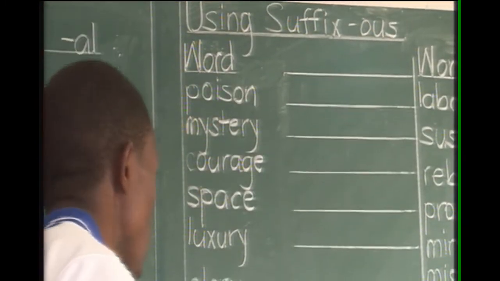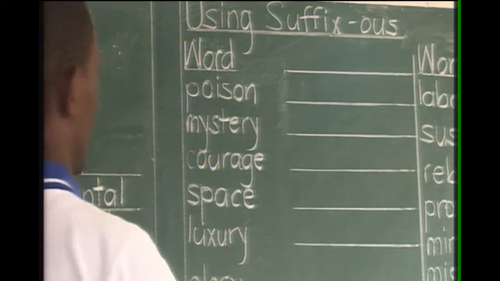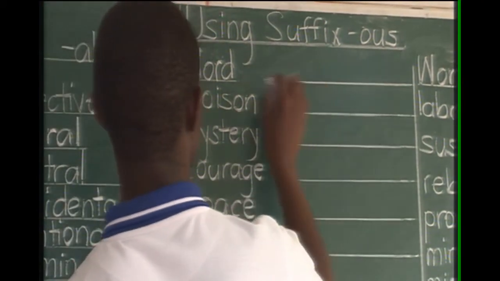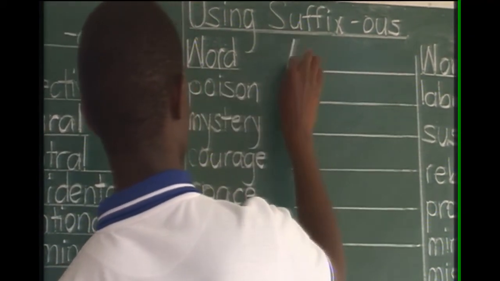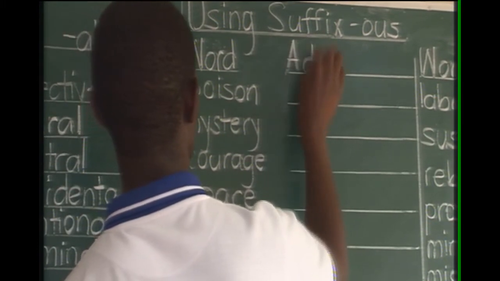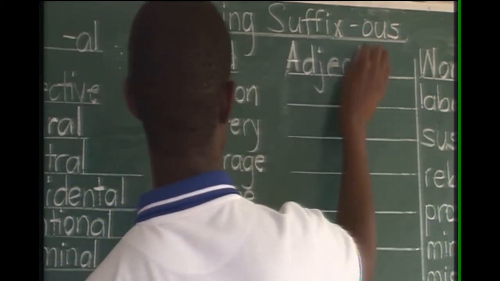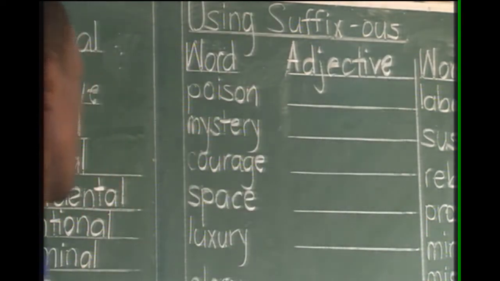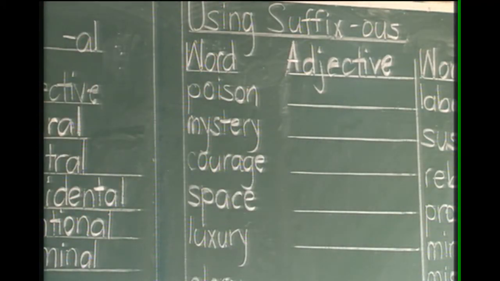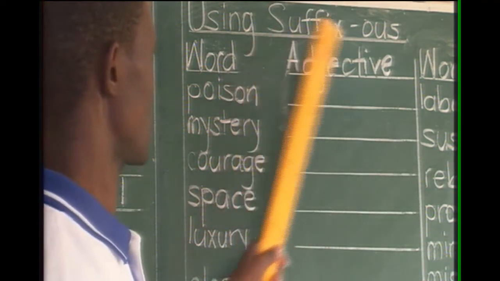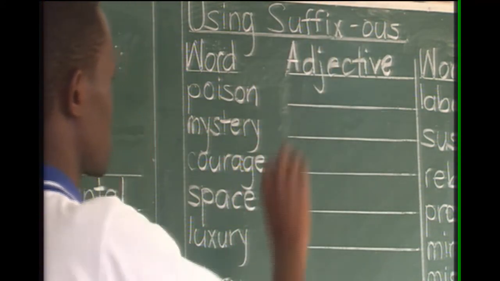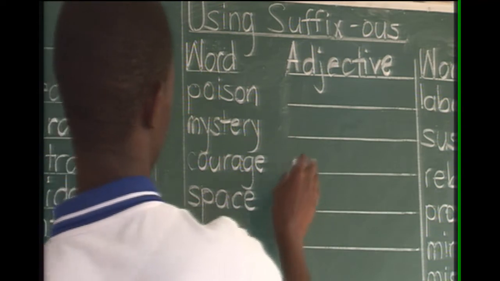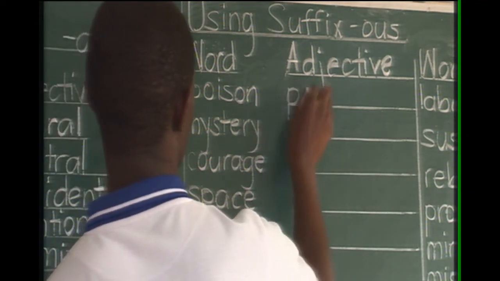We go to the next part where we discuss adjectives that are formed using suffix OUS. We have the word on this side and our adjectives are written this side. From poison, form an adjective using OUS. You must come up with this word: poisonous.